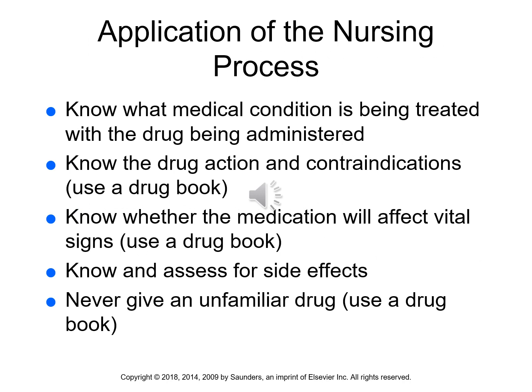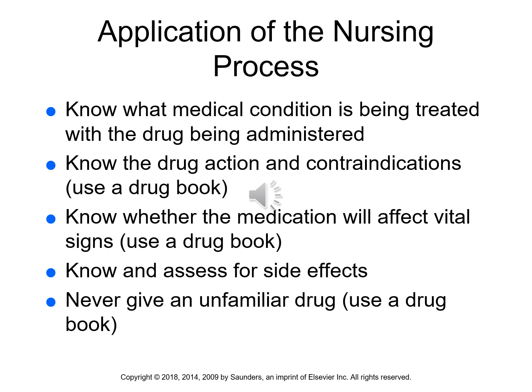All right, so before we give any medications, we want to know why we're giving that medication. What is it treating? What are our desired effects for administering that medication? What's our drug action and any contraindications? What are our side effects that we should be expecting? Do we need to check a lab value before we administer?